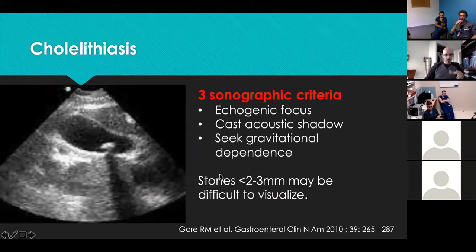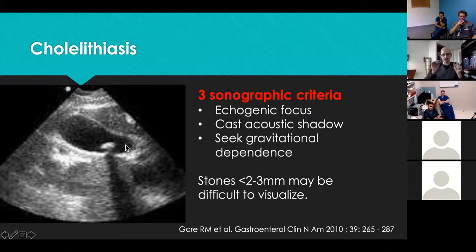Now, the other pathology is obviously cholelithiasis, with a stone. With the stones, usually we see a hyperechoic area with its shadow posteriorly. Now, as you know from ultrasound physics, there are some pitfalls, because if the stone is smaller than the beam width at the area where the stone is, technically you might not see a shadow.